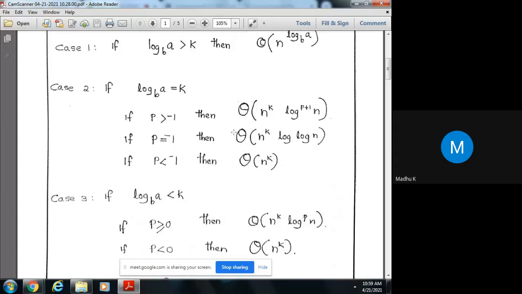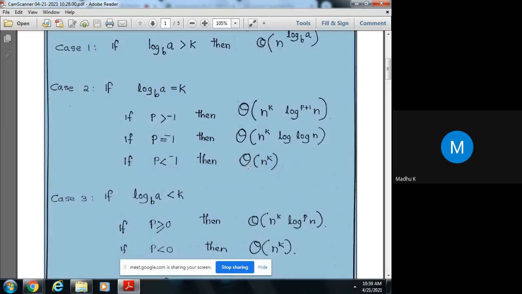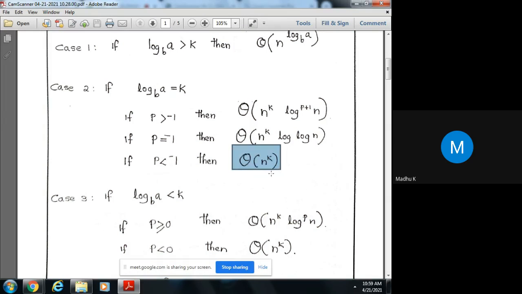Very simple, but we should memorize this. If p is less than minus 1, what will be the complexity? Theta of n raised to k.